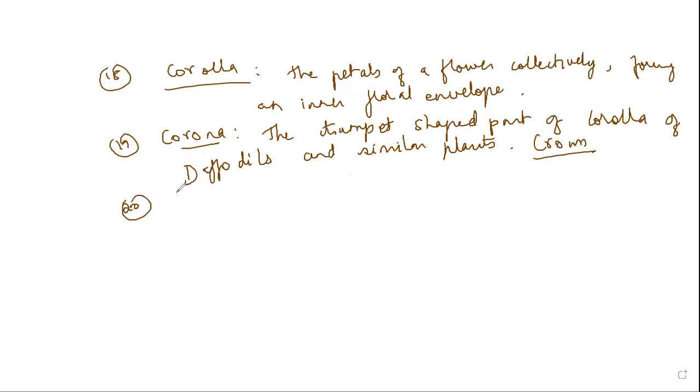The next definition. Cortex. The unspecialized tissue in plant stems and roots between the vascular bundles and epidermis. Now let me write this.